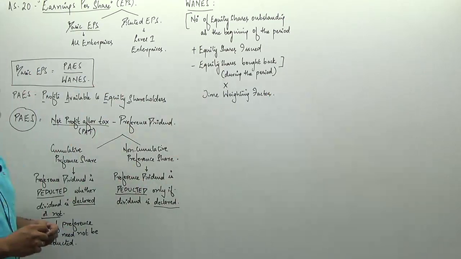So we are talking about the number of shares outstanding at the beginning of the period adjusted by the equity shares issued. Equity shares issued should be added, and equity shares bought back, which will reduce the number of equity shares, should be deducted, multiplied by the time weighting factor. Now, what is this time weighting factor?